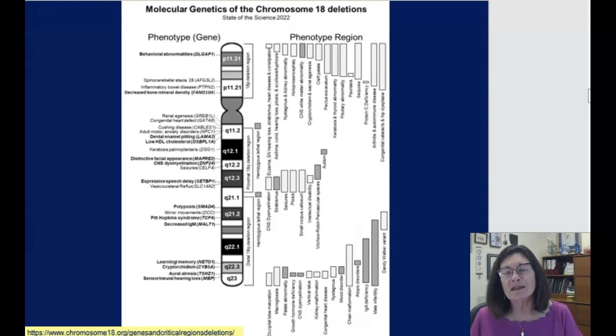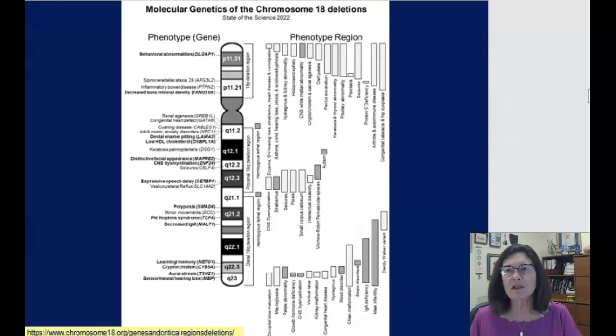On the right-hand side, each box indicates the region associated with any one of the phenotypes shown here. And again, you see some of these boxes are dark gray and some are light gray. And again, the dark gray boxes are those phenotypes that are found in more than 50% of the people with a deletion of that region.